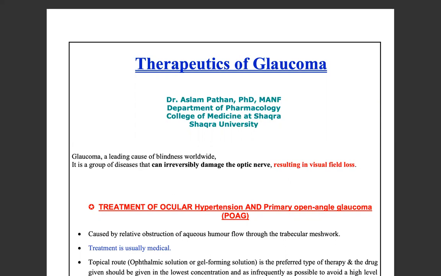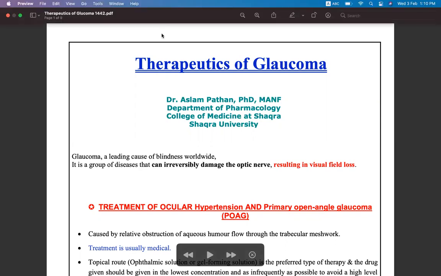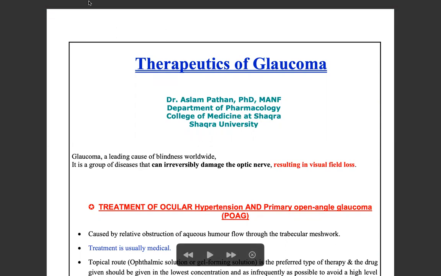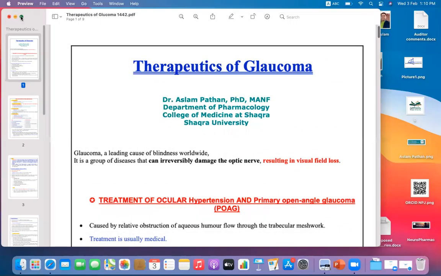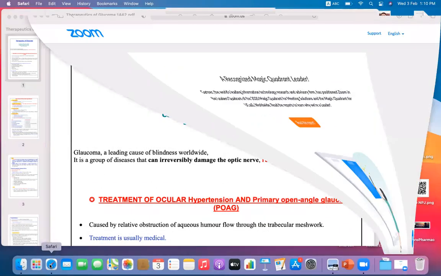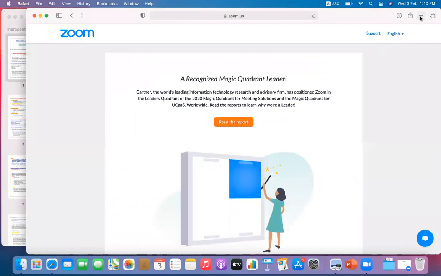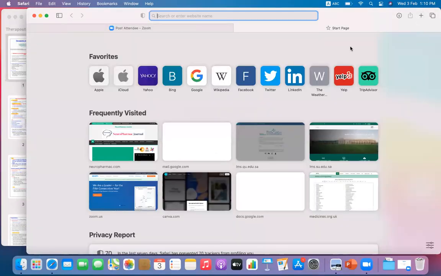There are two types of glaucoma: open angle glaucoma and closed angle glaucoma. What is the difference between the two? Let us see in the diagram.